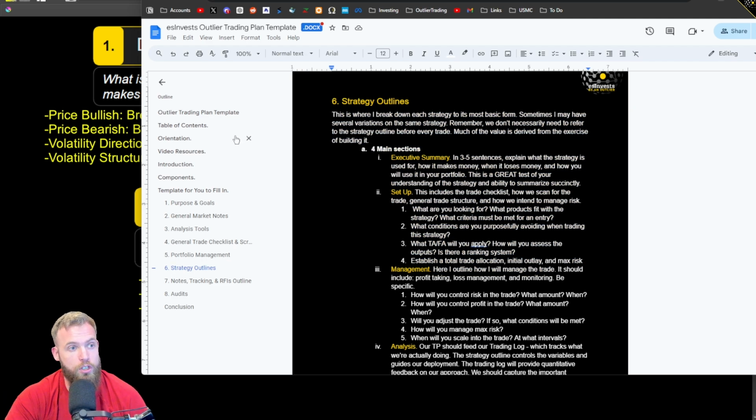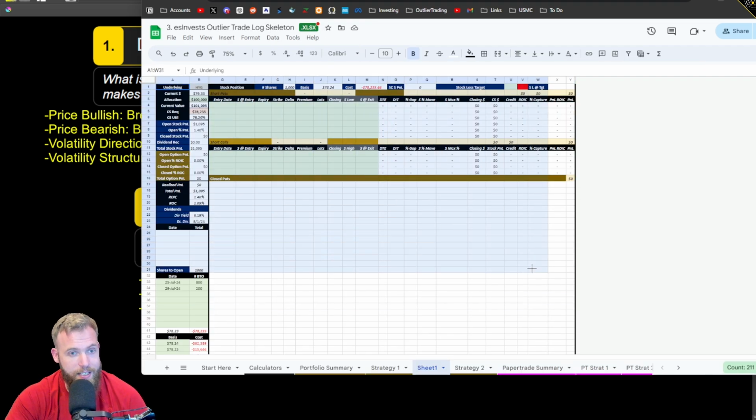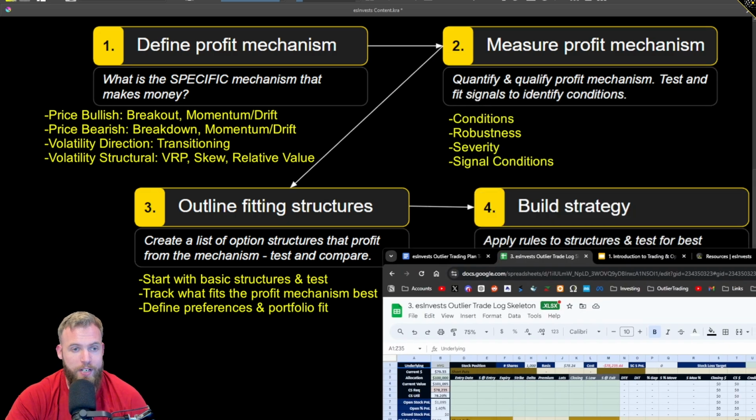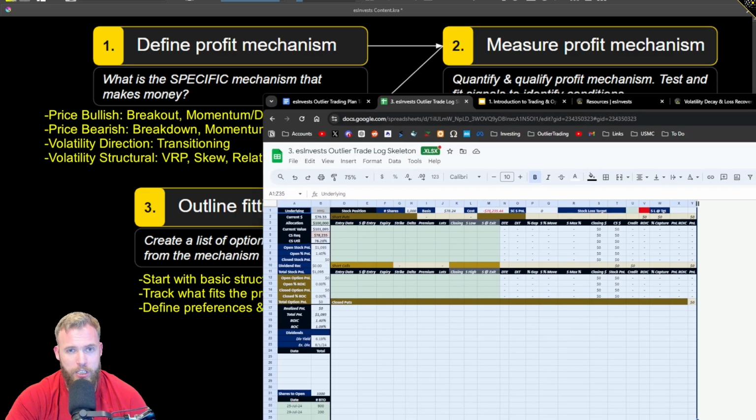But this is where we start codifying what we're trying to do. We start tracking, creating systems so that we can reliably assess our ability to find profit mechanisms, fit strategies that take the best advantage of them in the context of our portfolio, and then build your approach that we aim to sustain over time.